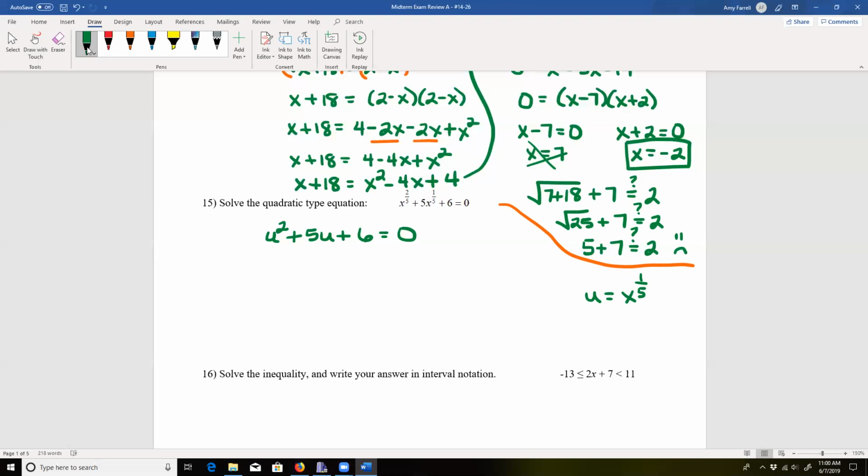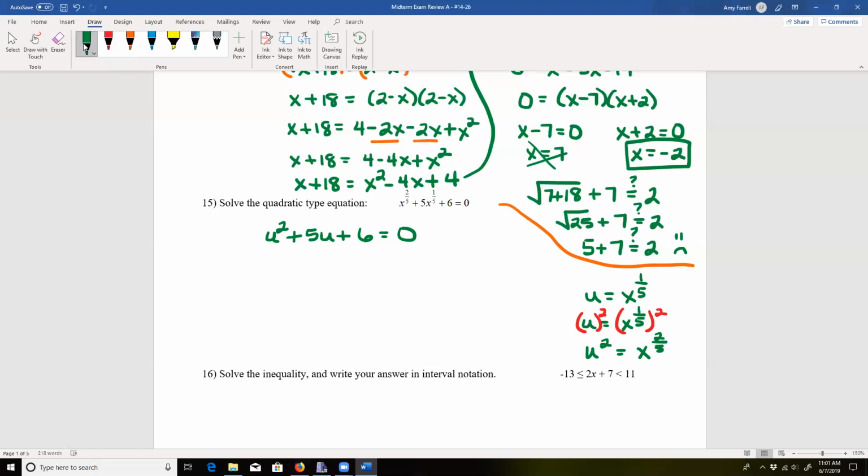But it does follow that if I let u be x to the 1/5, and then I square both sides, then it is true that u squared would be x to the 2/5, because power to a power, we multiply those exponents. 1/5 times 2 is 2/5.